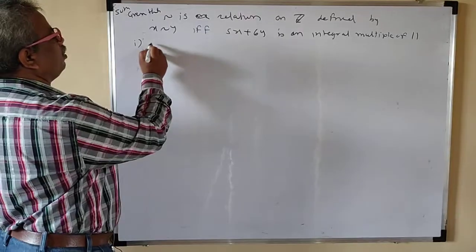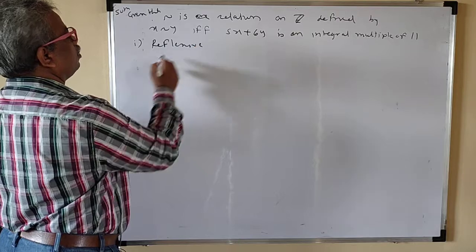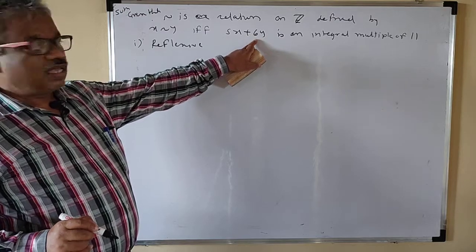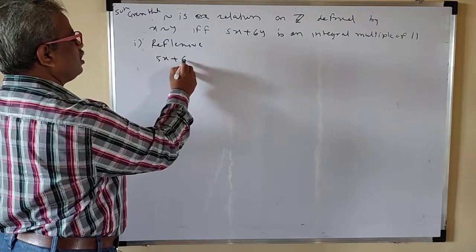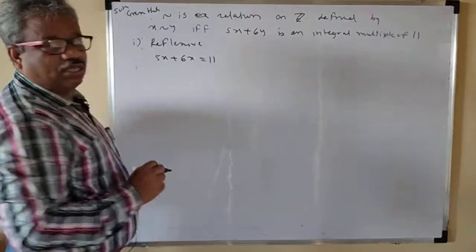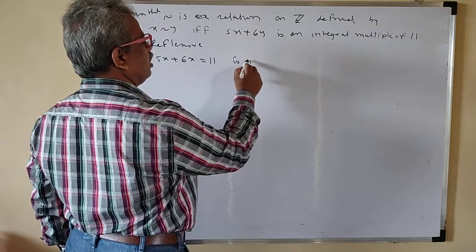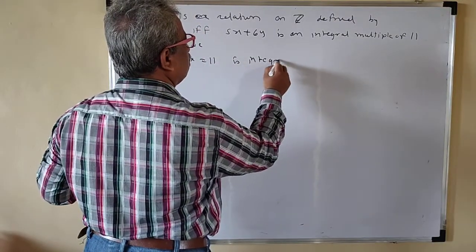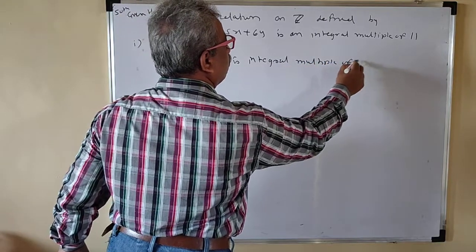First, reflexive. So what do we have to prove? x is related to x. That is, 5x plus 6x is a multiple of 11. See, 5x plus 6x is equal to 11x, and every number is a multiple of itself, so it is an integral multiple of 11.